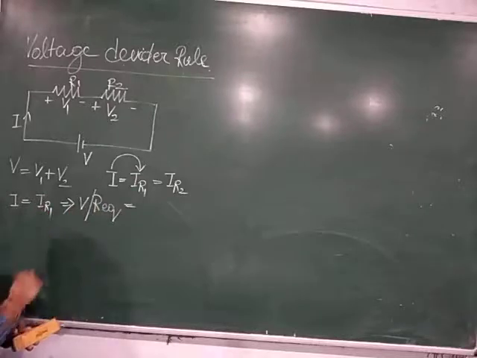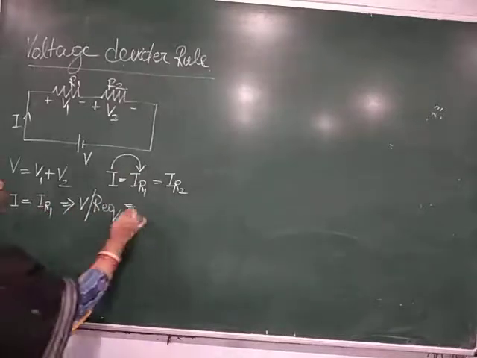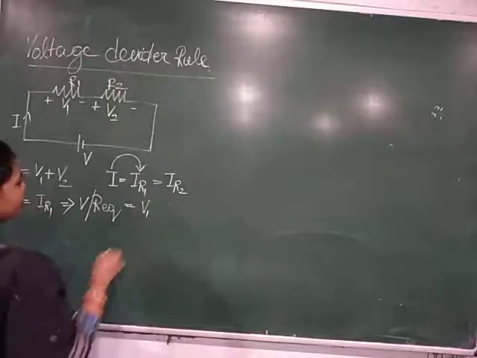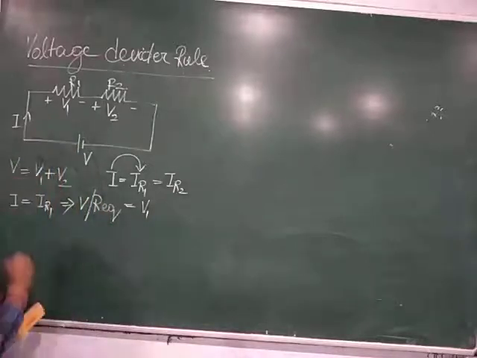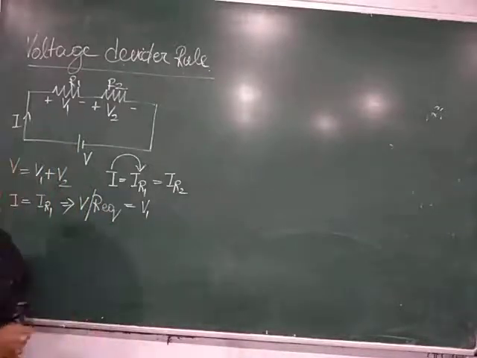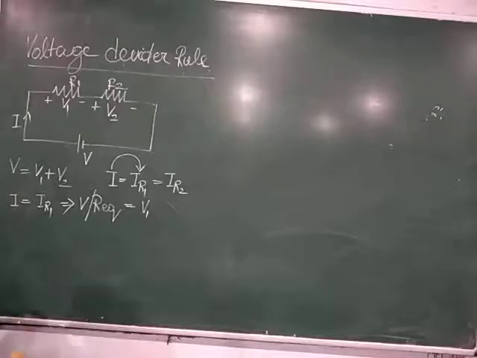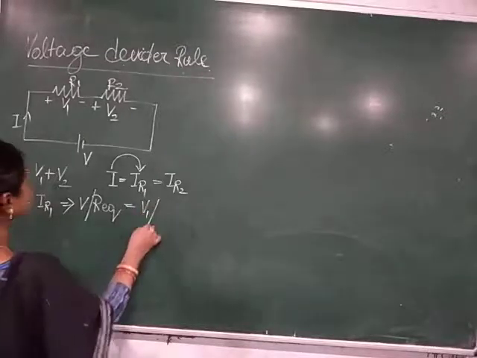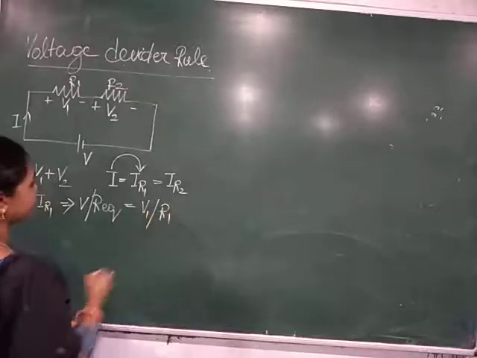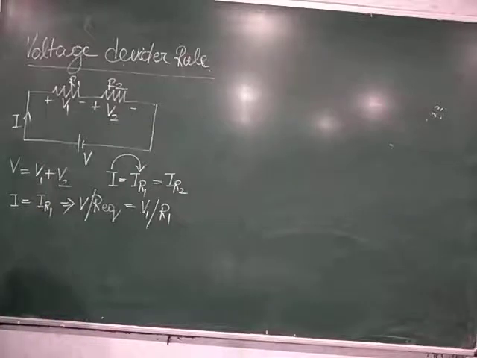And IR1 is V1, this V1 that is the voltage drop across R1, divided by R1.